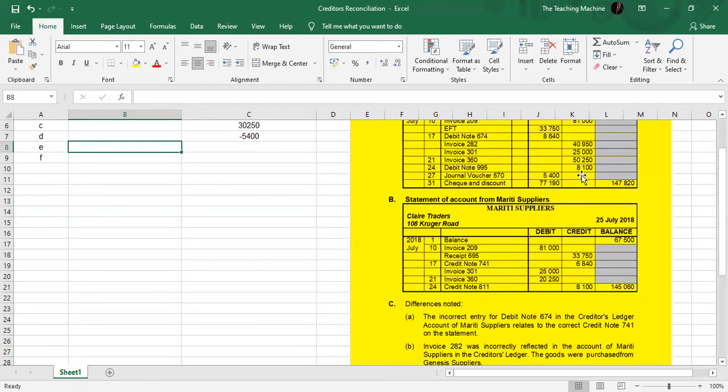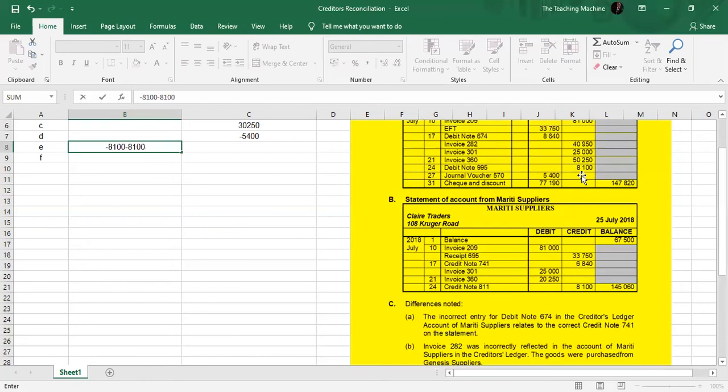So how do we deal with the posting error? If an entry was posted on the wrong side, you multiply that amount by 2. So this is 8.1. It was recorded on the wrong side, which is the credit side. So you need to do a double subtraction. So it will be 8.1 times 2.